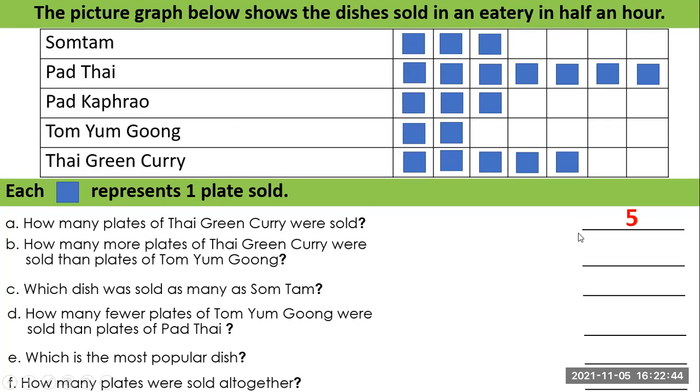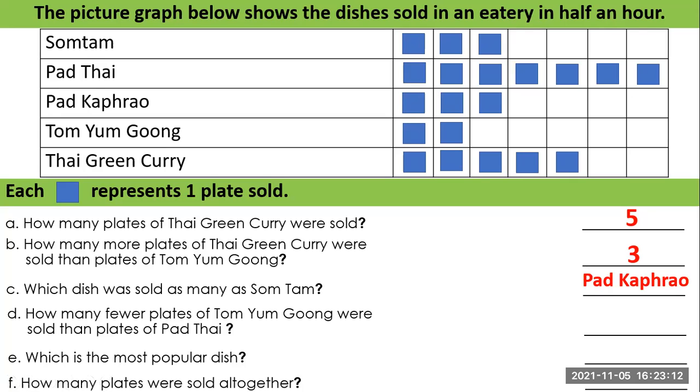So 5 minus 2 is 3. That means Thai green curry sold 3 more plates. Let us see which dish was sold as many as som tam. It's pad kaprao, because som tam 3, pad kaprao 3. So we will write here pad kaprao.